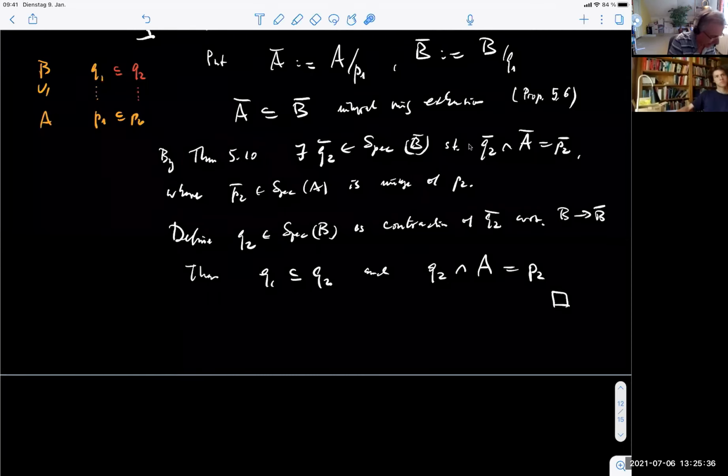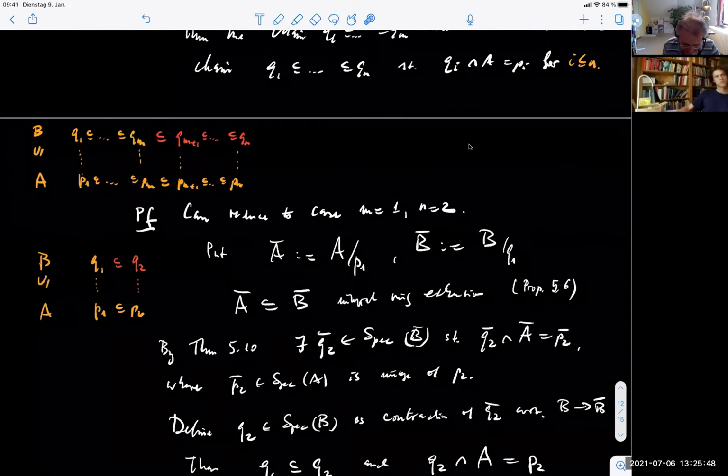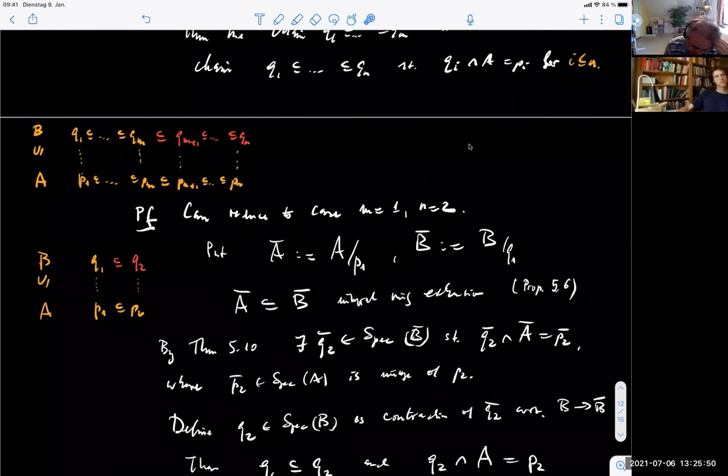So as I said, there is also this going down theorem, but I'm not going into it. Why is it the going down theorem? We are in this situation here.